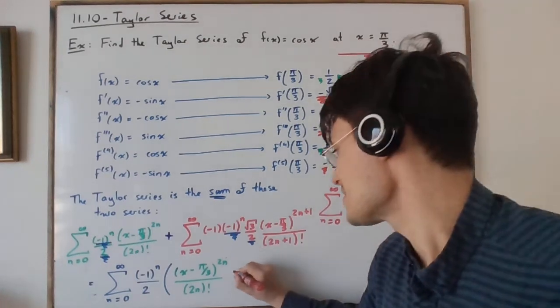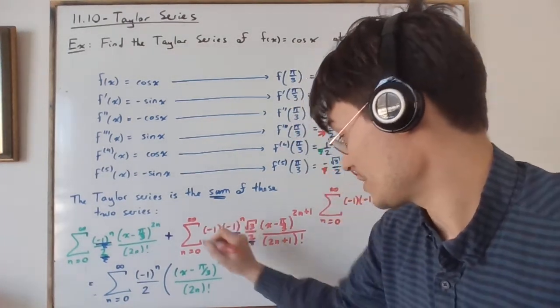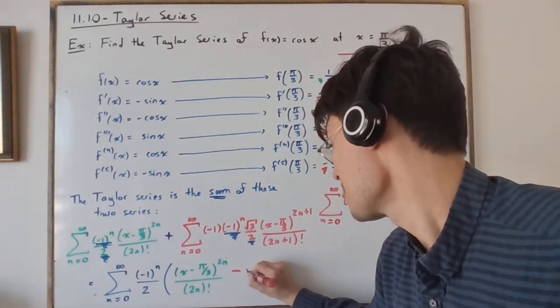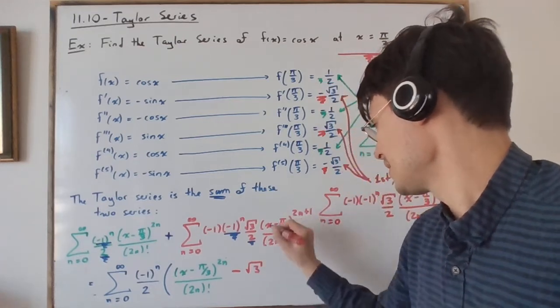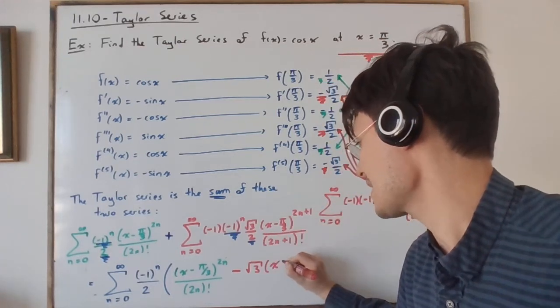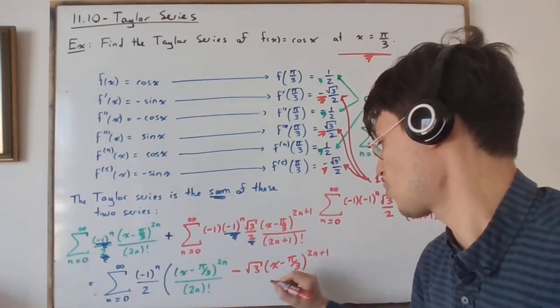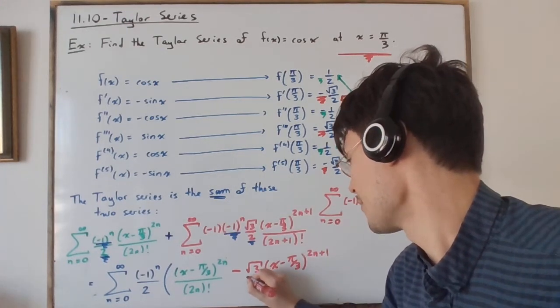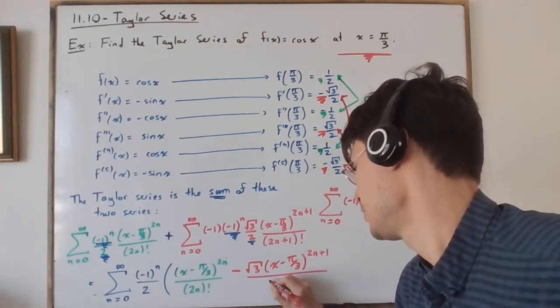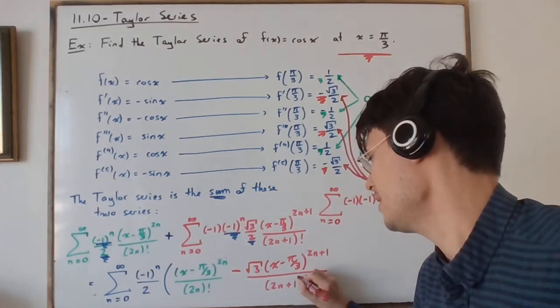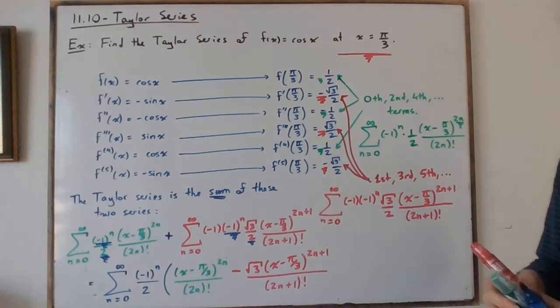So what will happen is that we will subtract, that's what the negative 1 is responsible for, the root of 3 times this part: x minus pi over 3 to the power of 2n plus 1 over 2n plus 1 factorial.